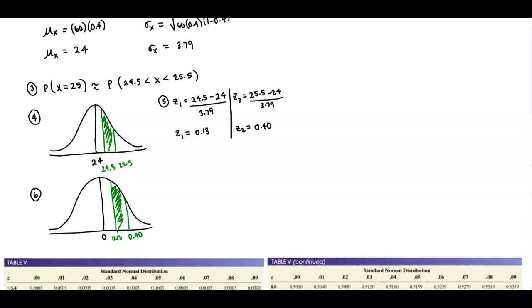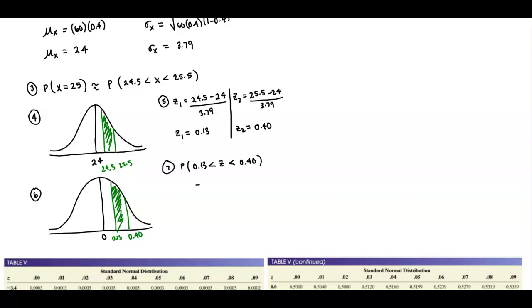So we're trying to find the probability that the z-score is in between 0.13 and 0.40.